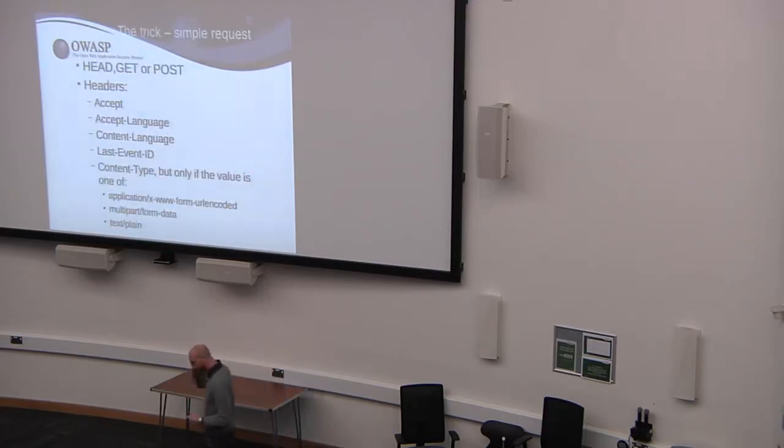It's actually not that difficult, because the simple request is very strictly defined. That's the definition here. So the simple request can be a HEAD, a GET, or a POST method, and it can contain these headers, and it can be these three content types.